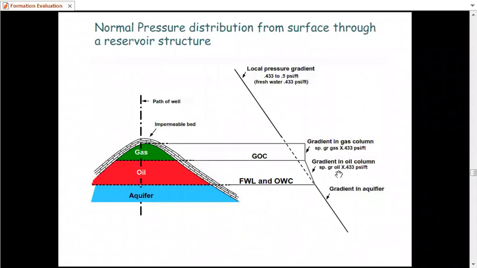And you have to detect the free water level or oil water contact and the gas oil contact. This will define the perforation interval, the net pay thickness, and the good interval for production in the completion operation.